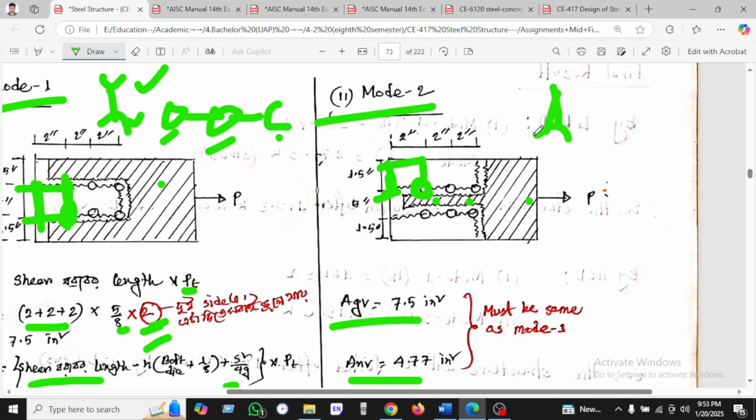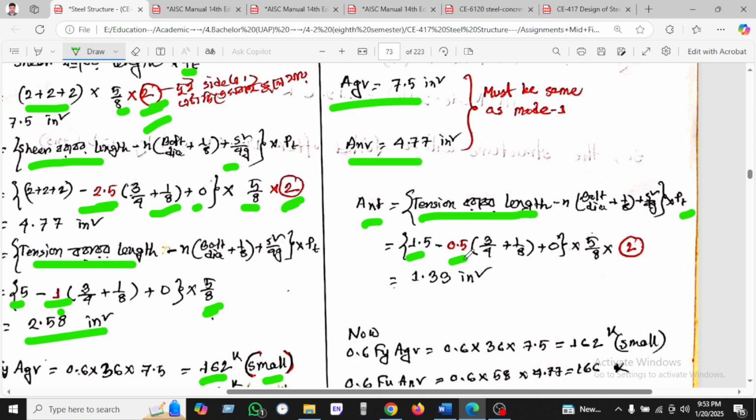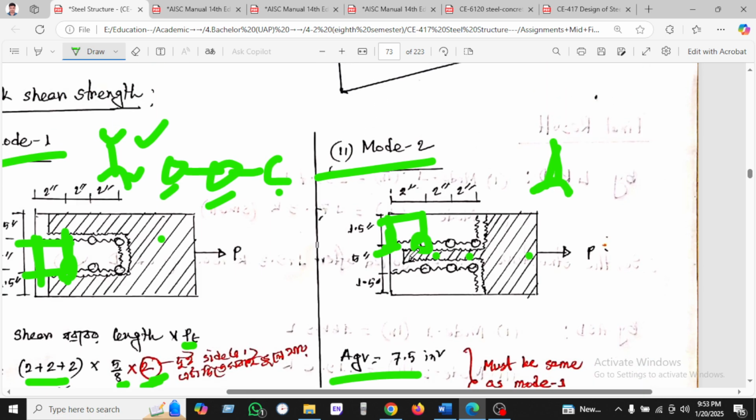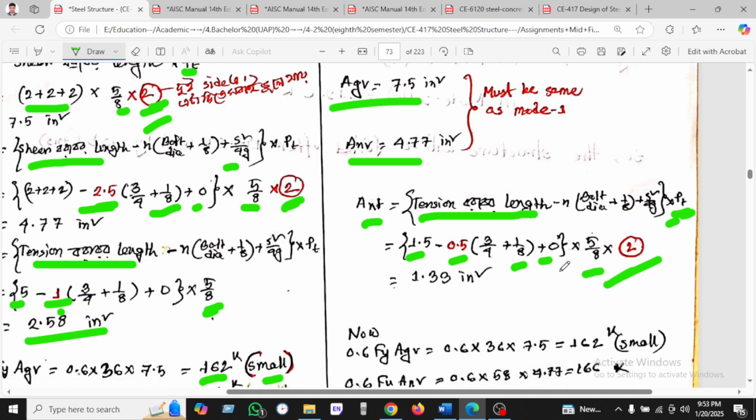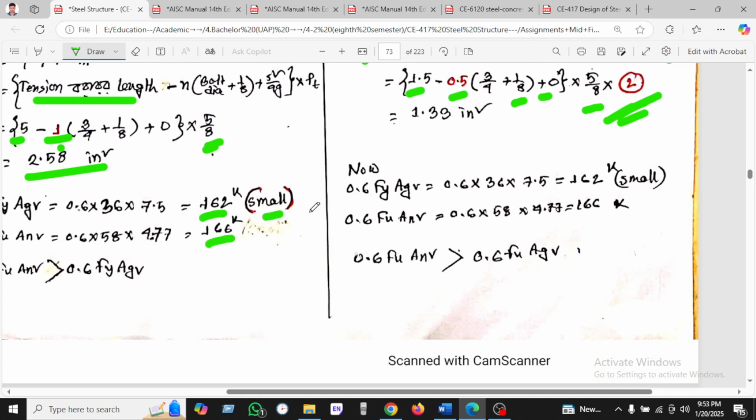When tension occurs, the bolt will fail in half, and the bolt diameter 3/4 into 1 plus 1/8 is a constant into 0, and 5/8 is the plate thickness, and then multiply by 2 because we are considering the upper portion, and when we consider the bottom portion we also have to consider 2. And in this case we found 162, if we use this formula.